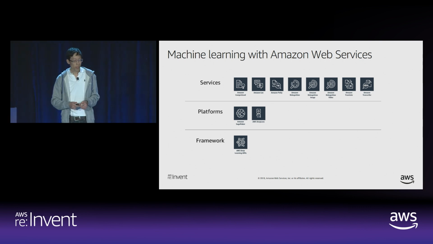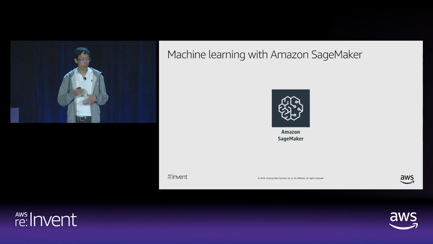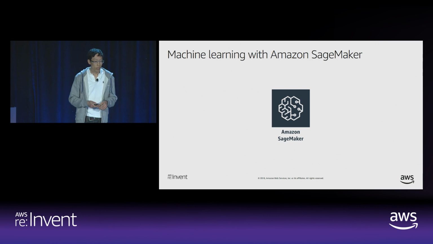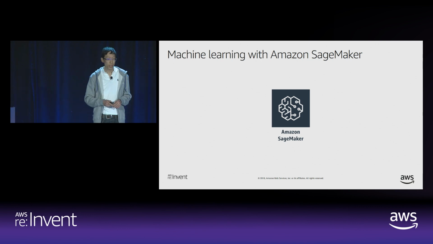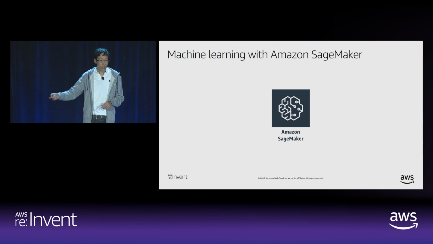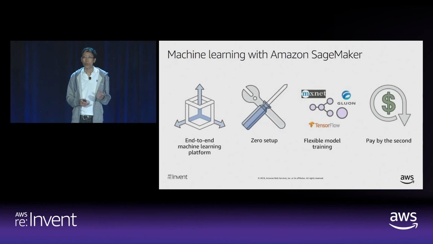So in this presentation, I am going to use Amazon SageMaker, the AI framework as a platform as a service. So what is Amazon SageMaker? It's going to help you as an end-to-end machine learning platform.